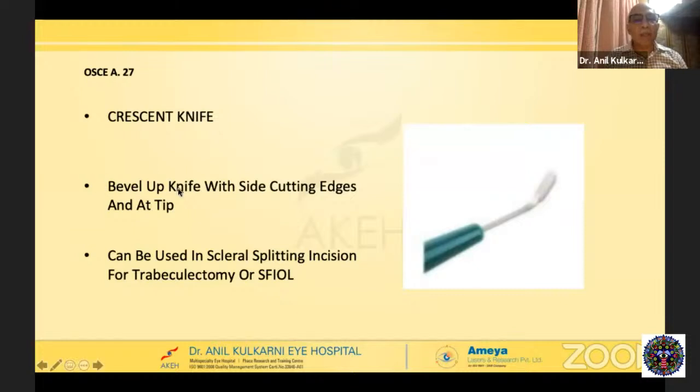This has a bevel-up knife, which has side cutting edges as well as cutting at the tip. This can be used in scleral splitting incisions, either for trabeculectomy or even for SFIOL when you want to make scleral pockets.